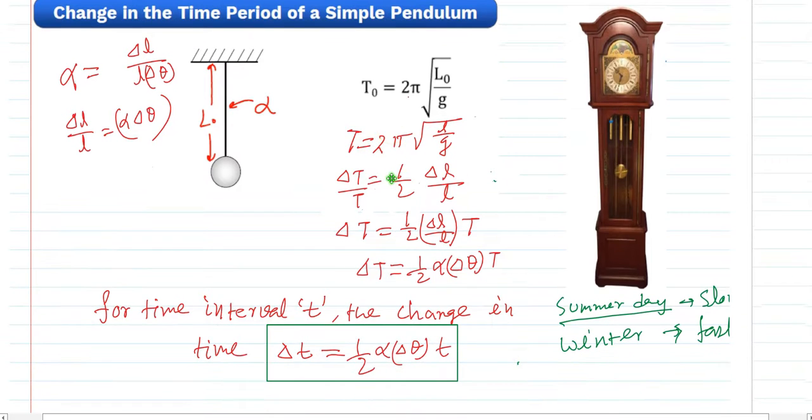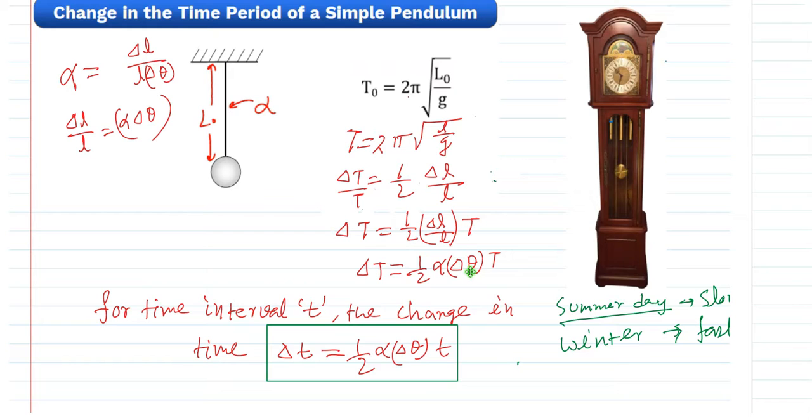Okay, and how much will the time change? The relation is that T equals 2 pi root over L by g, so del T by T, the rate of change of time period, will be half into del L by L. Okay, and del T, the change in the time period, will be half alpha delta theta into T. T is the time period and delta theta is the change in temperature.